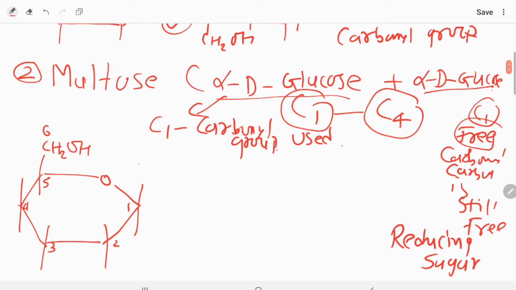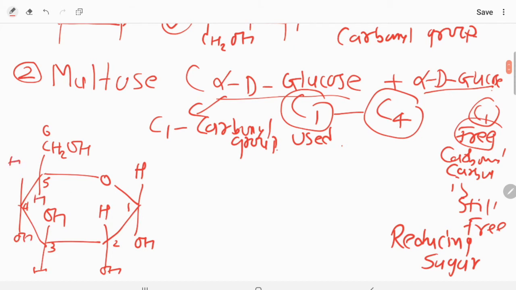On the first carbon there will be H, here it's OH; on the second carbon there is H, here it's OH; on the third carbon OH, and here it's H. On the fourth carbon there is OH, there is H, and CH2OH will have H.